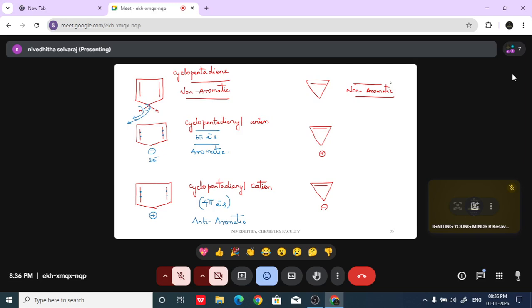Anybody? Having 3 carbons. Yes, Mushkan, we have 3 carbons. Double bond, one. We have a double bond also.